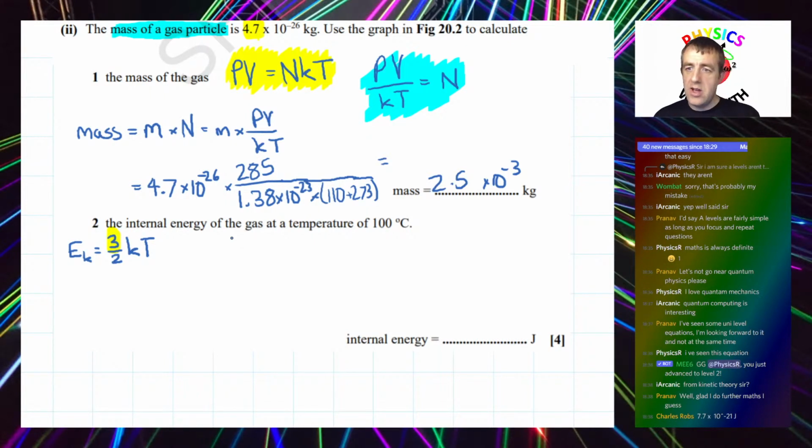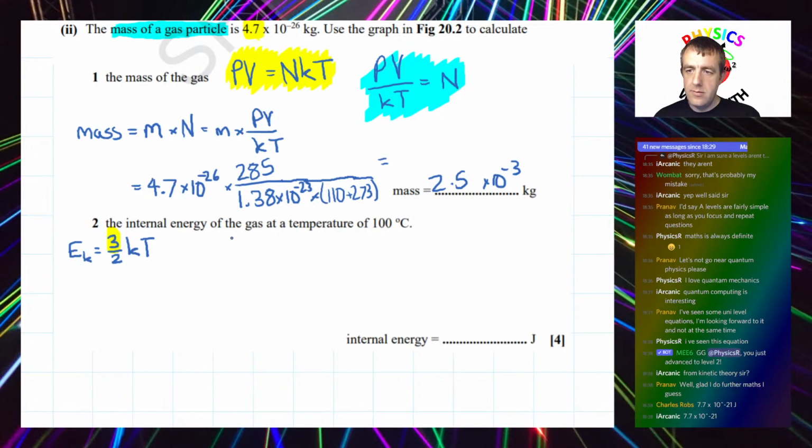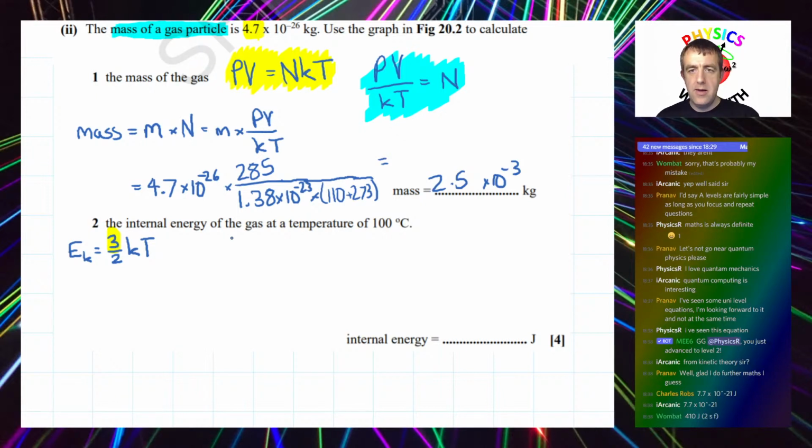Yeah, this is a kinetic theory equation. That's right. Okay, so answers are starting to appear.